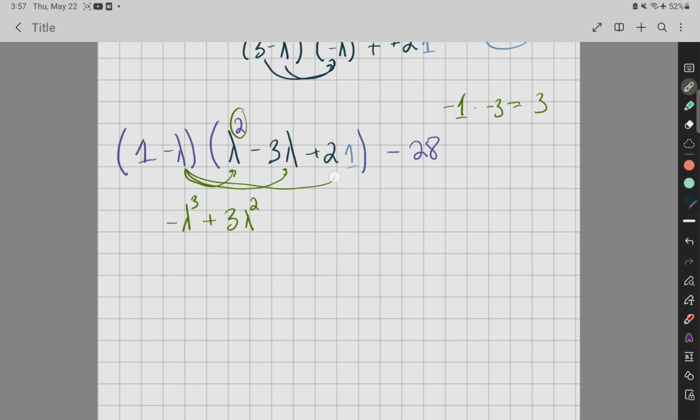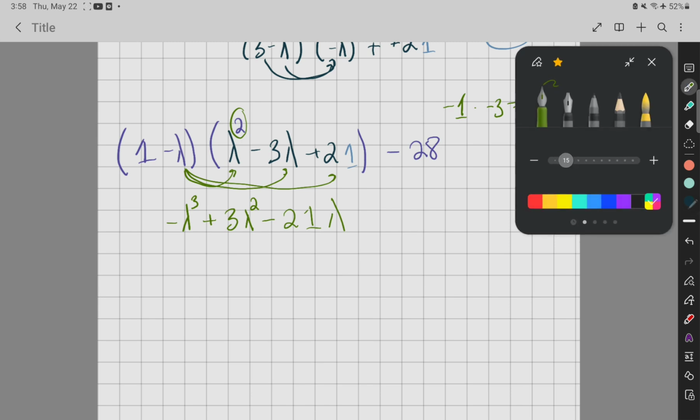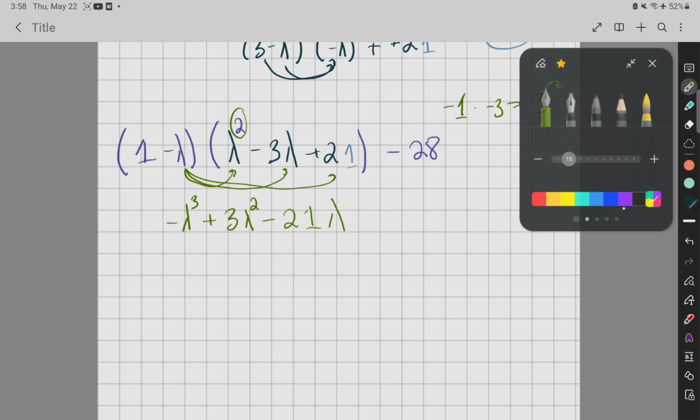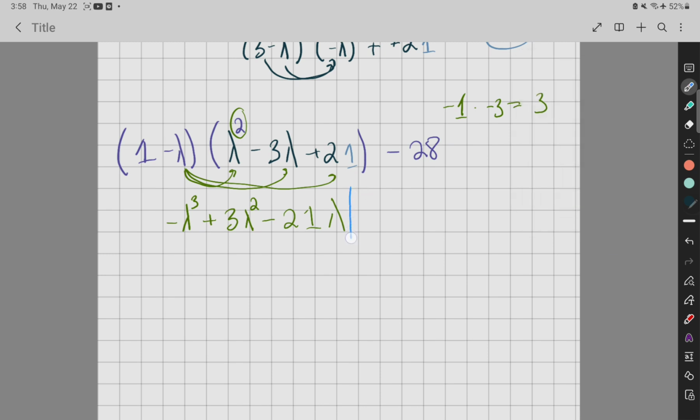And then after that, you're going to do minus lambda times 21. So that would just be 21 lambda. Okay? And then after that, what I like to do is draw a line.